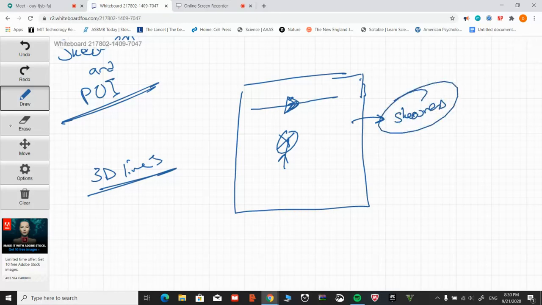The lines are said to be skew, meaning they do not intersect each other.